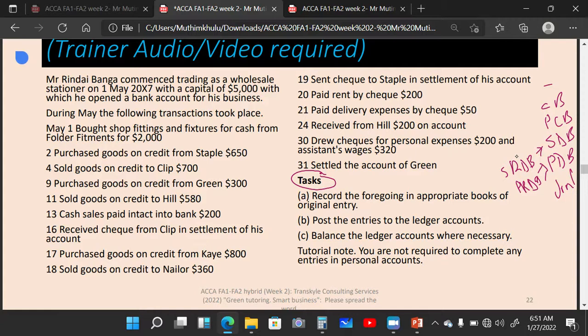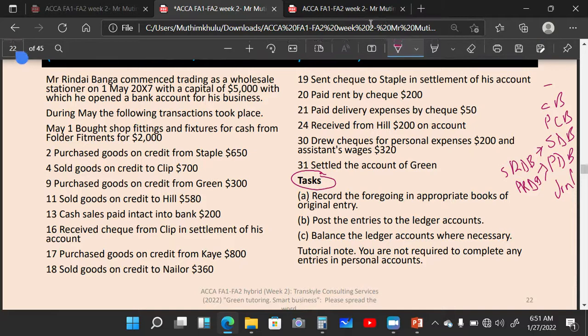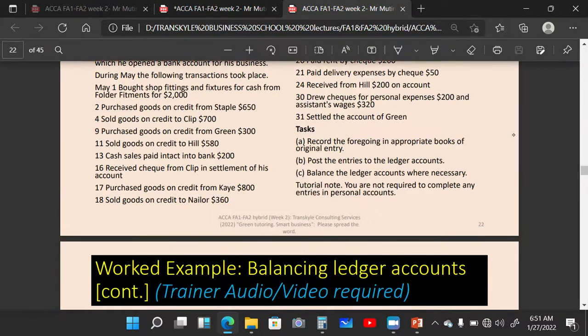May 1, bought shop fittings and fixtures for cash from Folder Fitments. The first book of prime entry we need to deal with is the cash book. So let's start with the cash book.